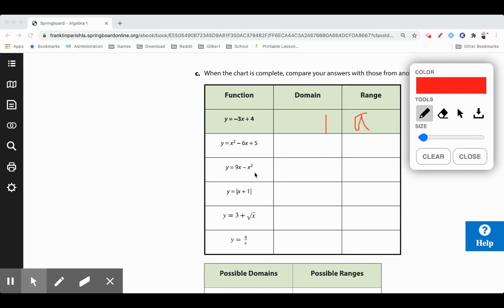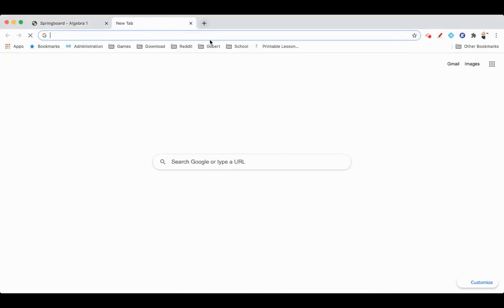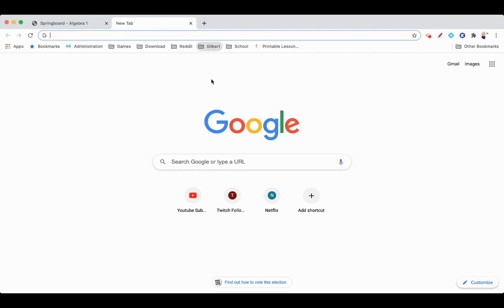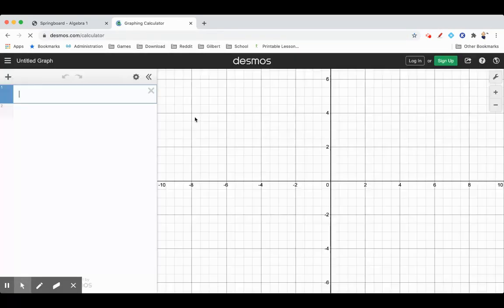Let's skip down to y is equal to the absolute value of x plus 1. Let's try that one. Okay, let's go to the Desmos calculator, Desmos.com/calculator.